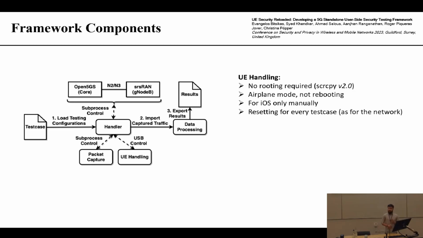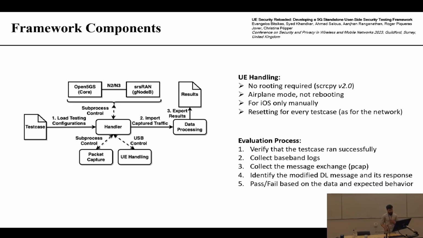For user equipment handling, no routing is required. There are libraries and tools that can be used. We prefer user plane mode because it is faster. Unfortunately, for iOS devices, we need to handle them manually. Every time we reset the device and the network, so we get a fresh baseline for the next test.